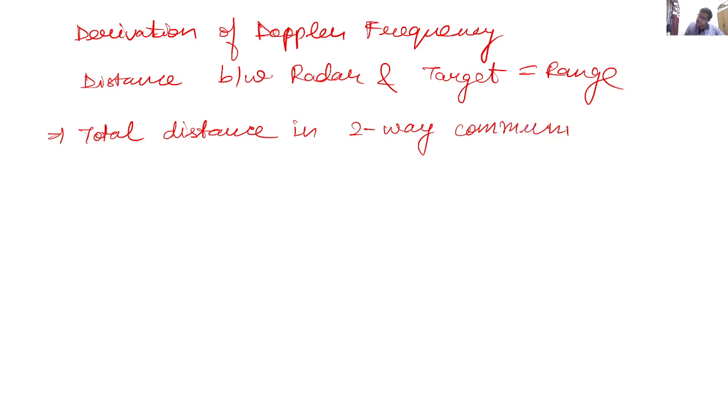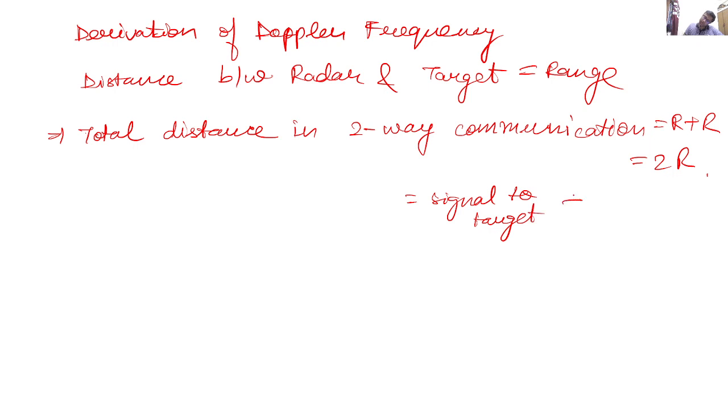Because we send a signal and that signal gets echoed back to the source after being reflected from the target. So it's always two-way communication. So the total distance in that case would be r plus r, that is 2r, which is signal to target plus again target to signal. The distance remains the same.